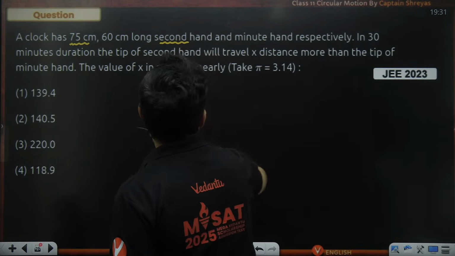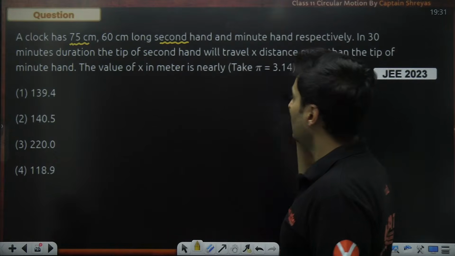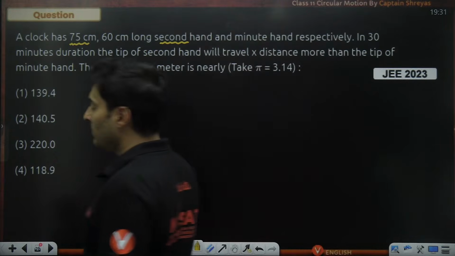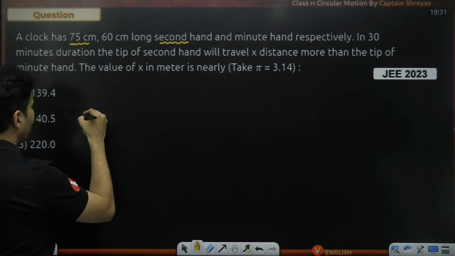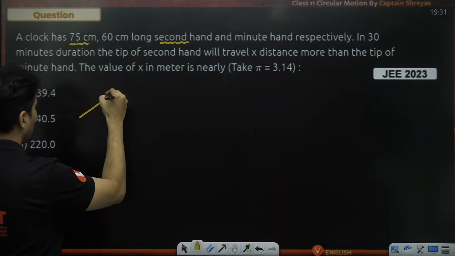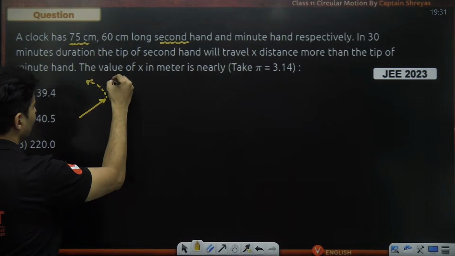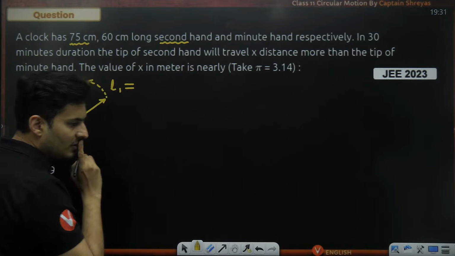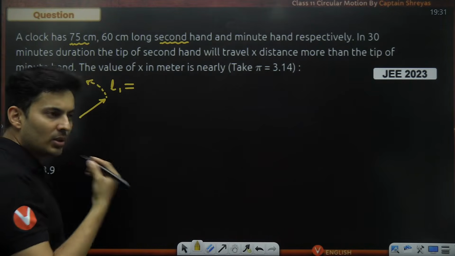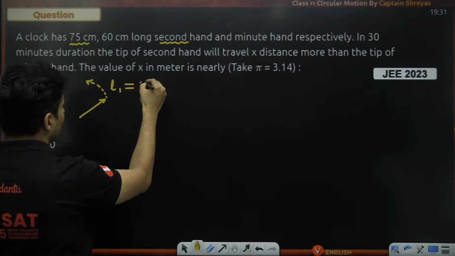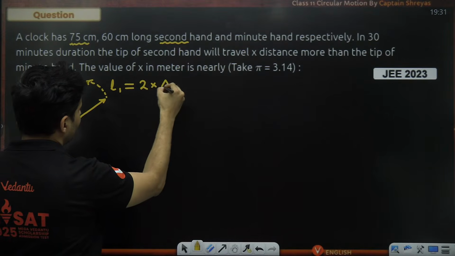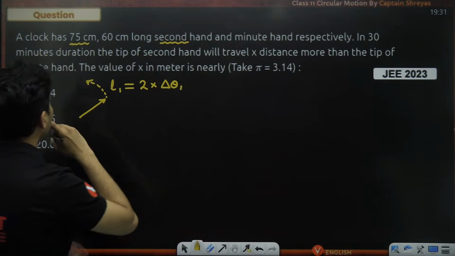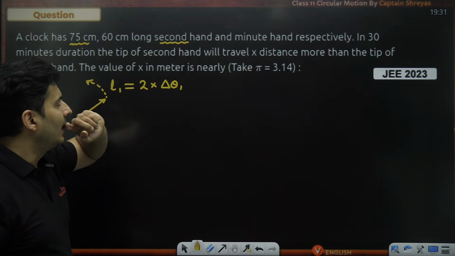This is second hand. In 30 minutes, how much will the tip travel? So if you are considering the tip and how much distance it is traveling, that length will be r into theta, r into the angle which you would have displaced. Now we are talking about the second hand.